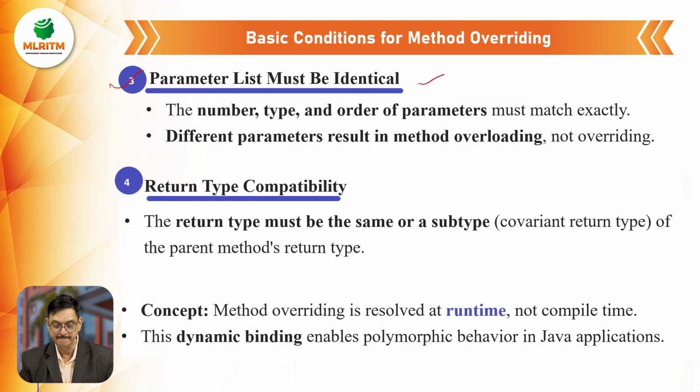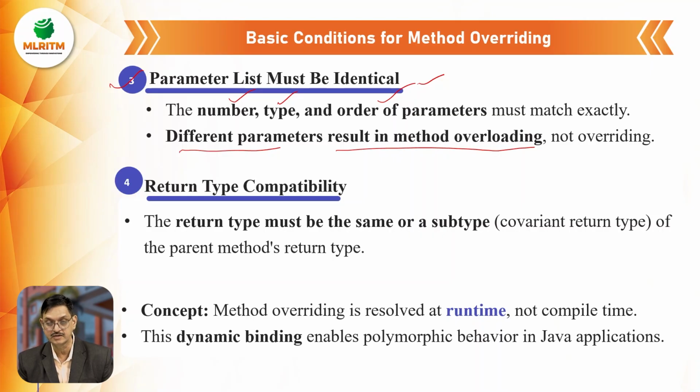So what is the meaning of this particular thing? The number of parameters, the type of the parameters, the order of the parameters must match exactly. Then only overriding is possible. Different parameters result in method overloading, not method overriding.